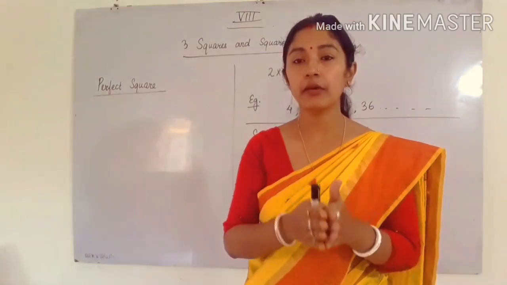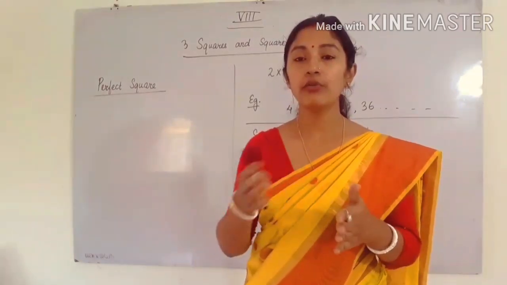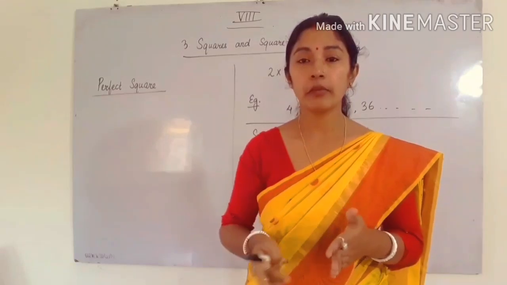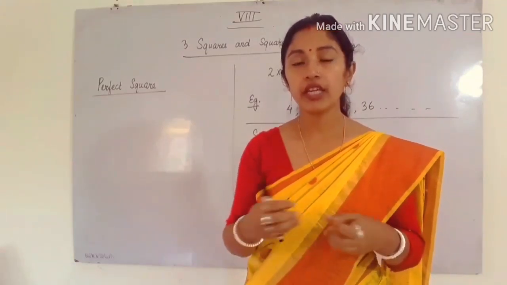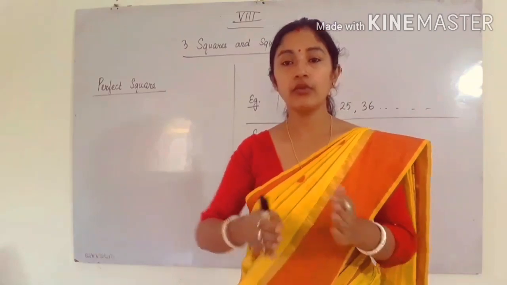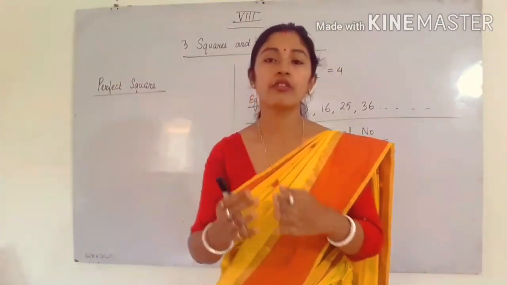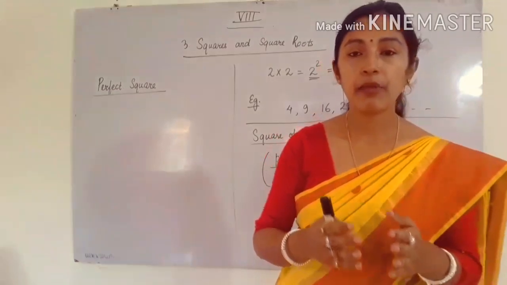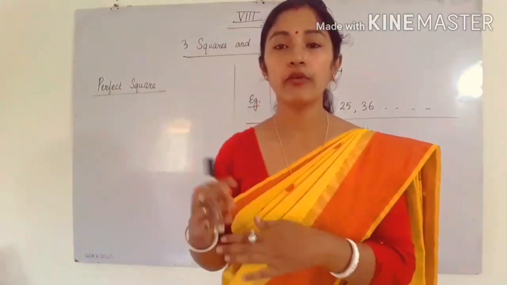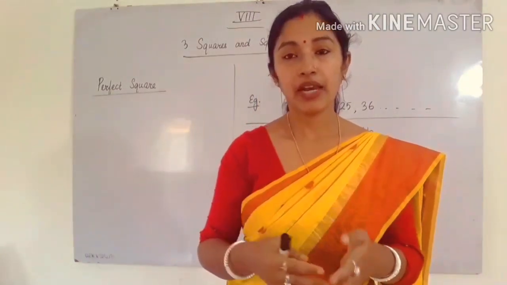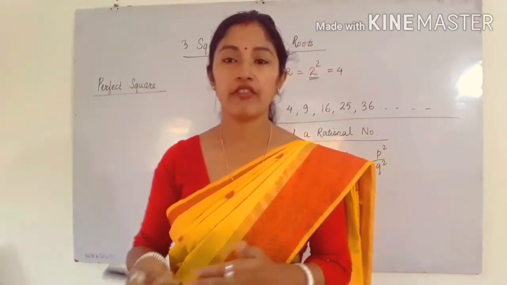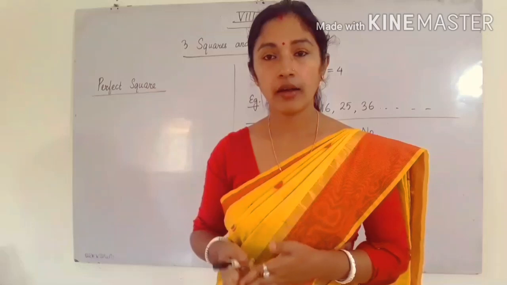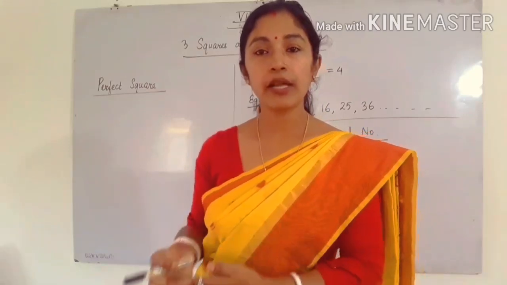We are multiplying the number 2 times, and 2 is an even number. So whenever we multiply a negative number an even number of times, the answer will be positive. For example, minus 4 into minus 4 will be 16. Similarly, minus 5 into minus 5 will be plus 25.